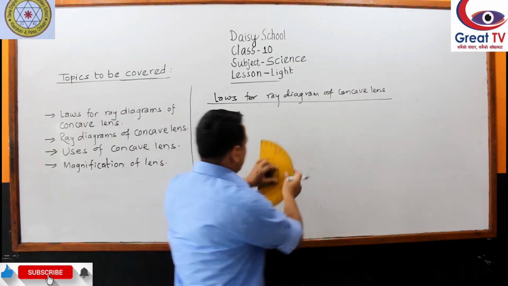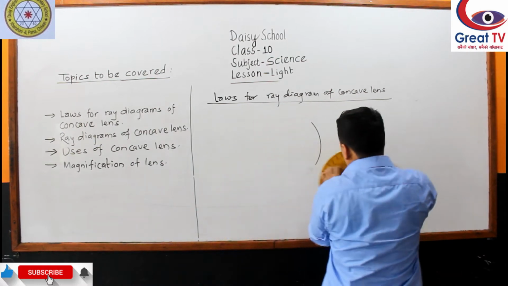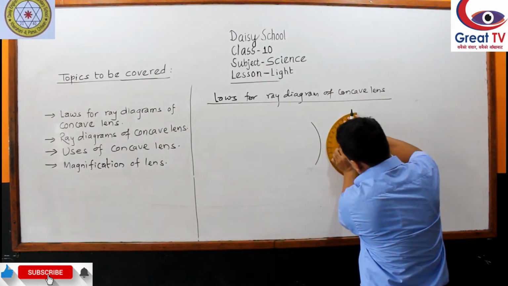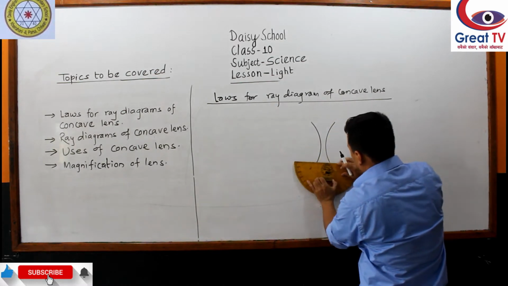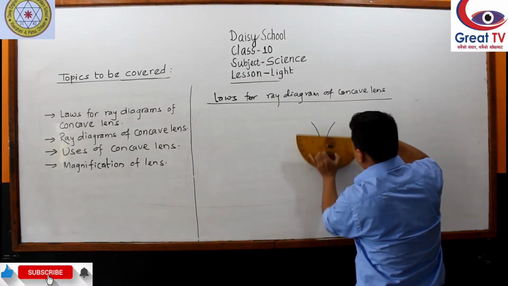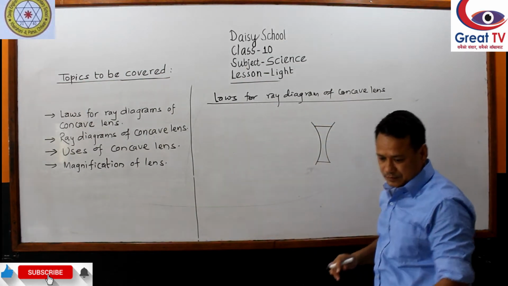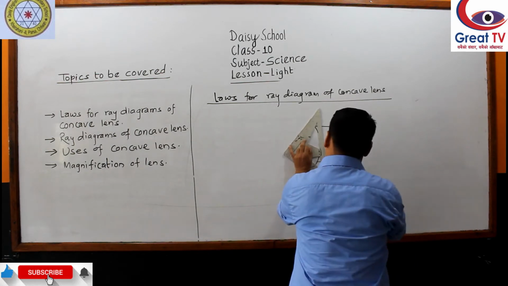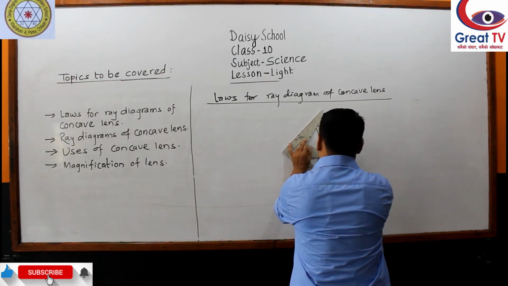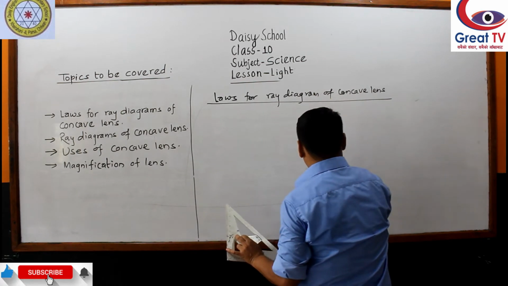So let's draw the concave lens. Okay, this one is the concave lens.